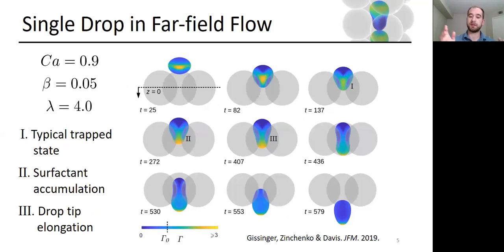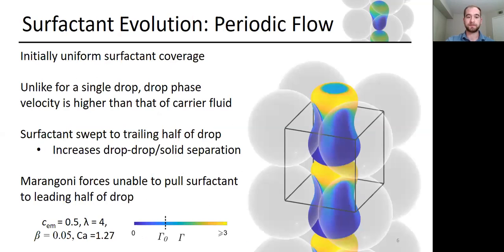However, the surfactant is swept toward this leading tip of the drop, locally increasing the deformability of the interface, and the drop is eventually able to pass through. So the main point here is that it decreases the critical capillary number of the system. The critical capillary number is the capillary number below which the drop would become trapped in the constriction indefinitely. So in other words, surfactants help the drop to pass through in this case.